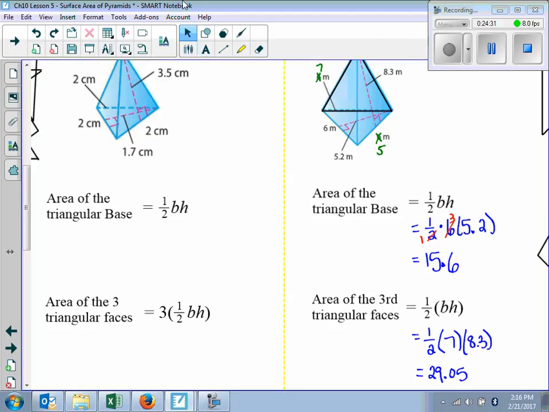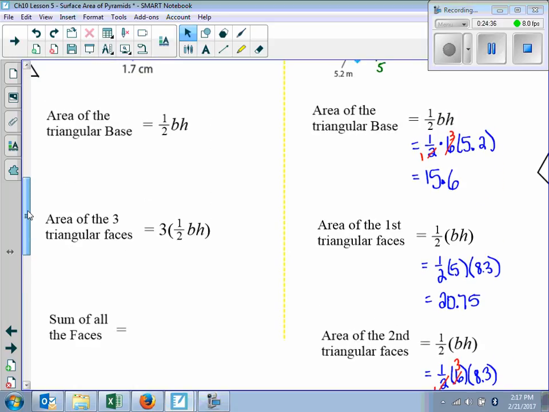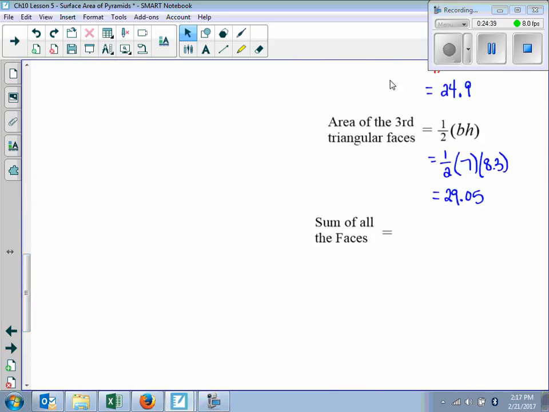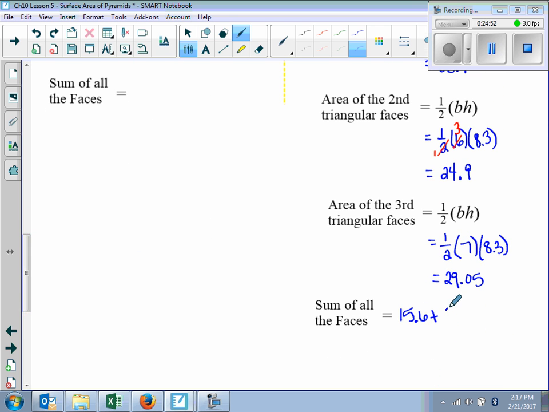So now to find the sum of the faces, or the total surface area, we just add them all together. So we're going to add, let's see, the area of the base was 15.6, plus what? 20.75, plus 24.9, plus 29.05.